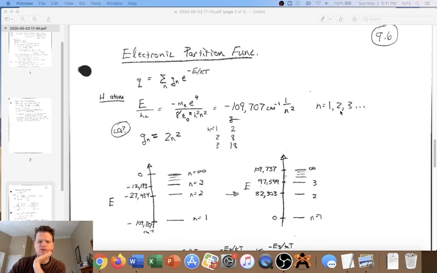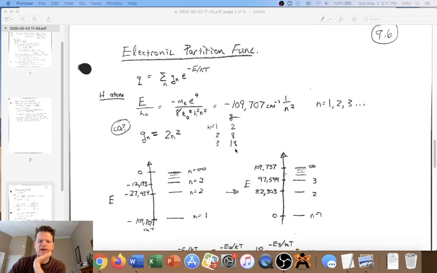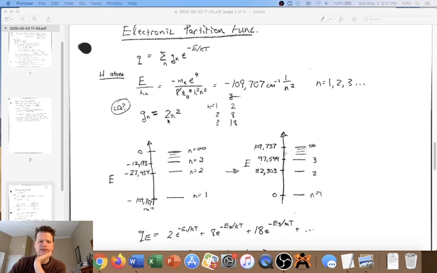The ground state is n equals 1, and we go up from there. The degeneracy is 2n squared. So 2 electrons fit in 1s, and 8 electrons fit in the n equals 2 level: 2s2, 2p6, and so on.